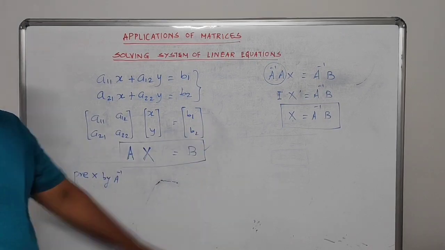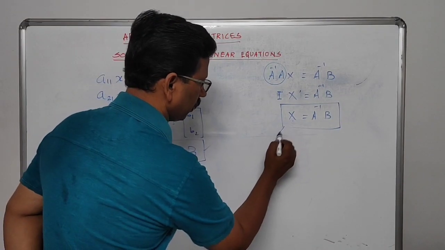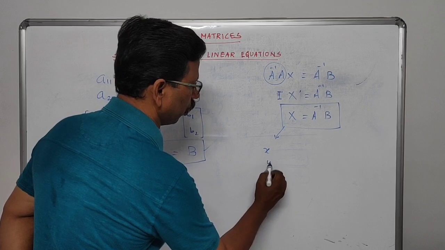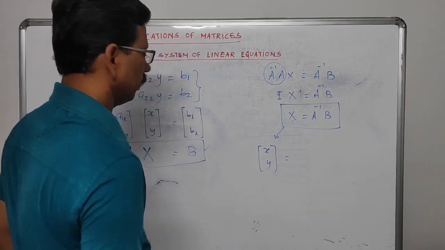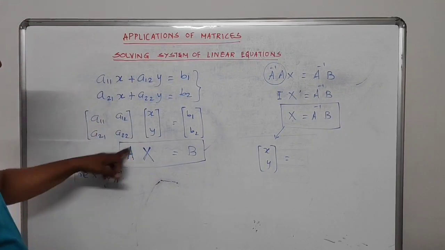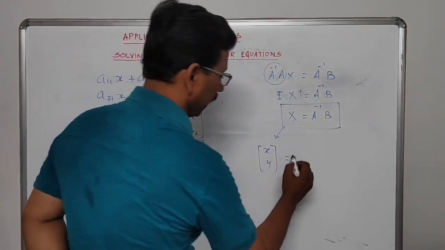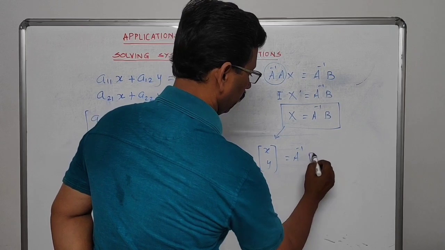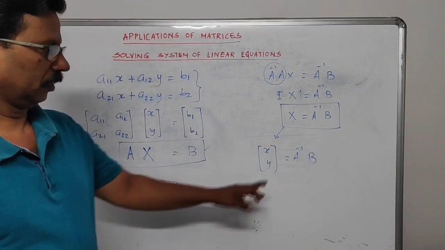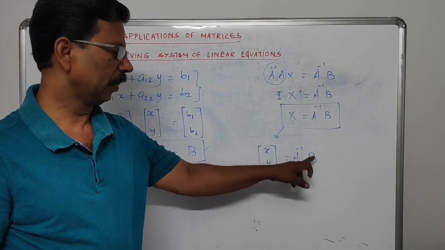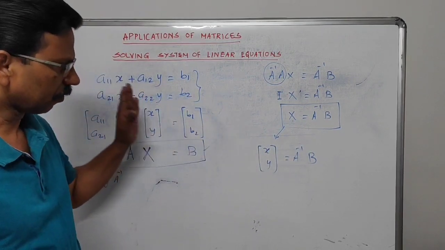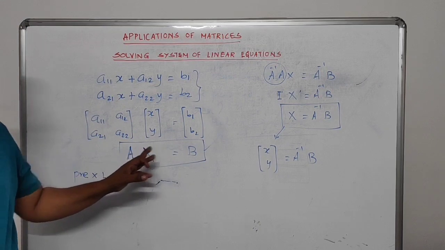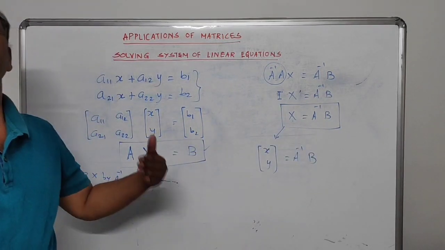Here X means the two variables x, y, which is equal to A inverse, meaning we find the inverse of this matrix, into B. Now this is another matrix, and by equating the corresponding elements we get the values of x and y. The method of solving by this method is called the matrix inversion method.